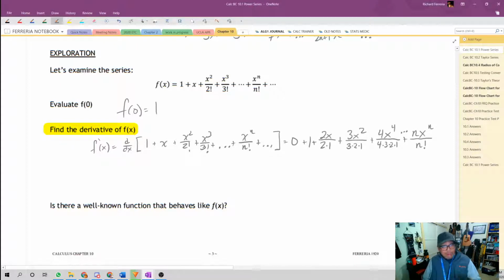So now we can simplify things. We can cancel out the 0, of course, and then in the second term, 2x over 2 times 1 is just equal to x. And then in the fourth term over here, we've got the 3, and that can cancel out with the 3 from the factorial.